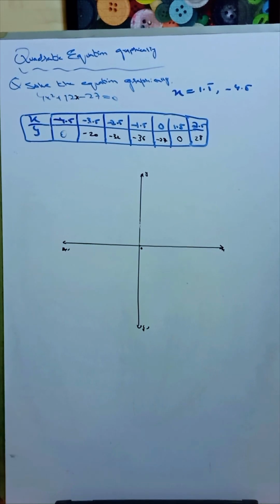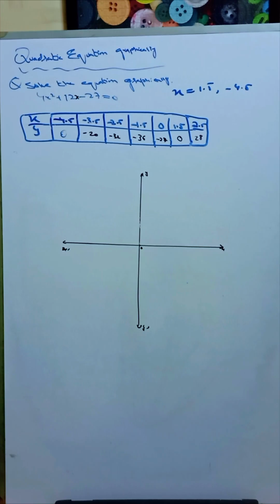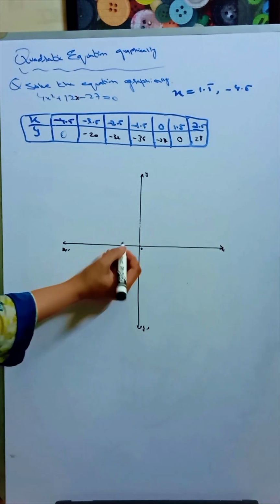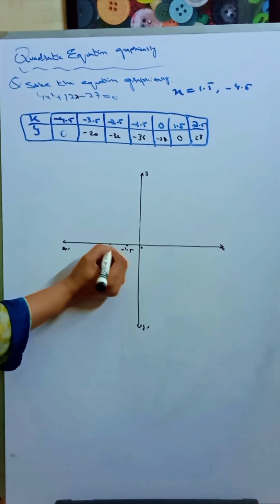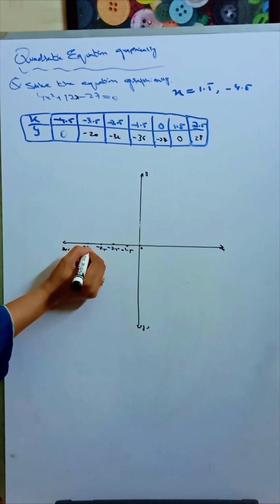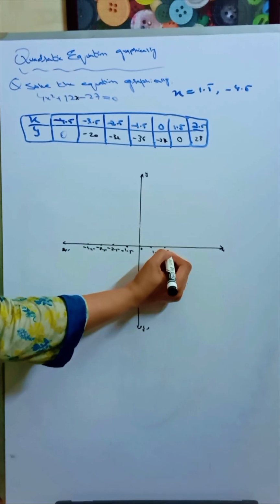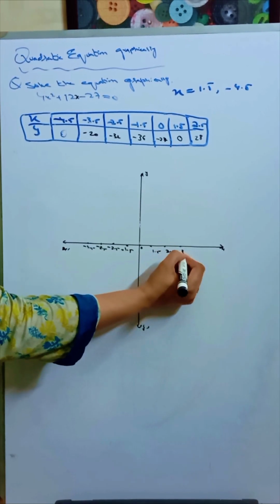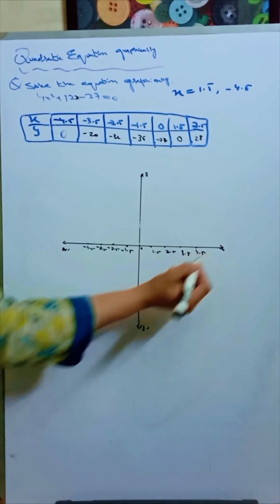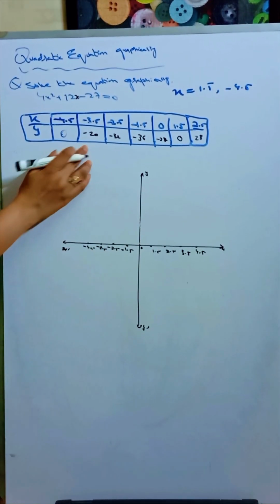I use a 0.5 interval, that is 0, then I take 0.5, 1.5, 2.5, and on the other side minus 0.5, minus 1.5, minus 2.5, minus 3.5, minus 4.5. Similarly, positive 1.5, 2.5, 3.5, 4.5.